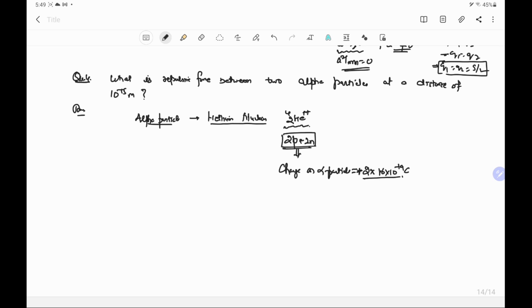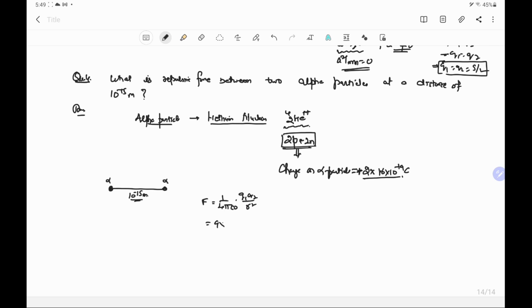Now, as per the question, what is the repulsive force between the two alpha particles? This is one alpha particle, this is the other alpha particle, and the distance between them is 10 to the power minus 15 meter. So it is very simple now. Coulomb force is 1 by 4 pi epsilon naught, q1 q2 upon r square.